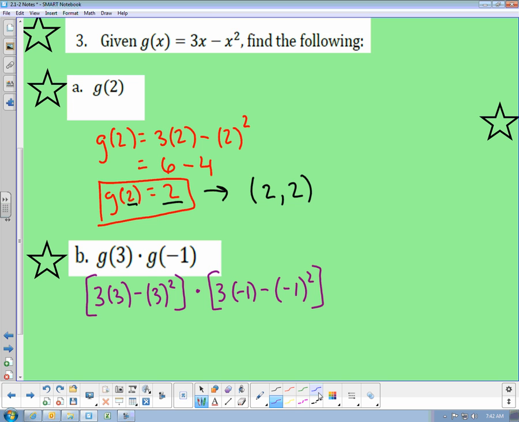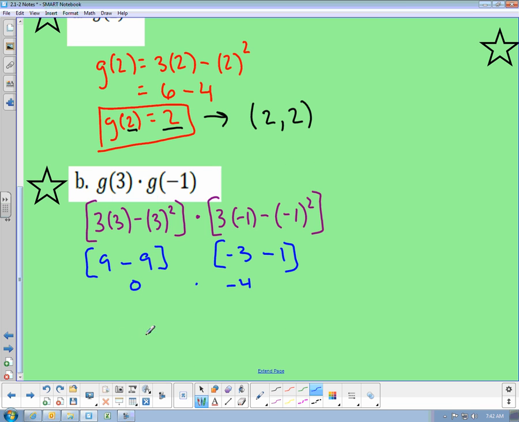Calculate that second. So I need both of these things. Over here on the left, I have 9 minus 9, which ends up being 0. And then here on the right, I have -3 minus 1, which ends up being -4. 0 times -4, we all know, is 0. So my g of 3 times g of -1 is equal to 0.